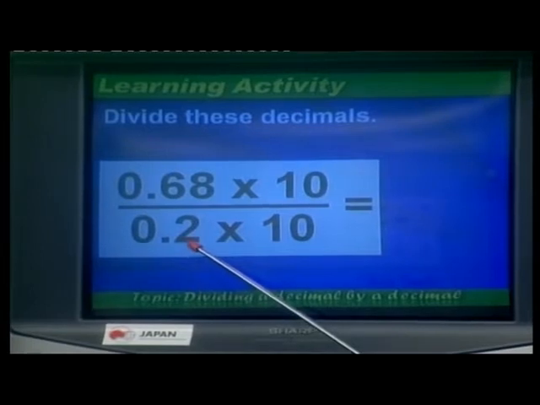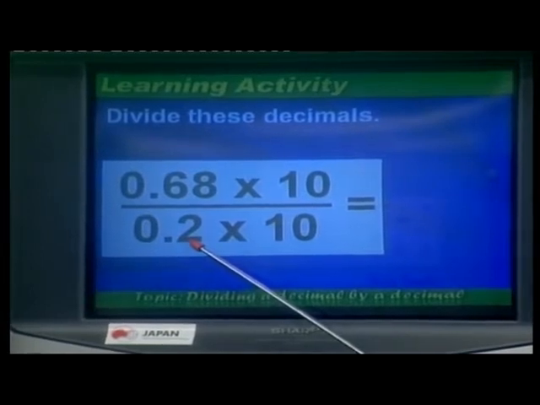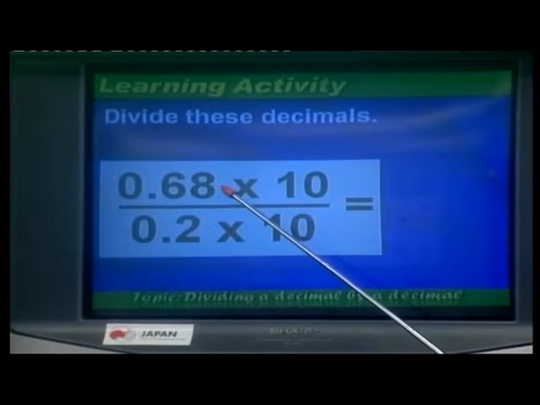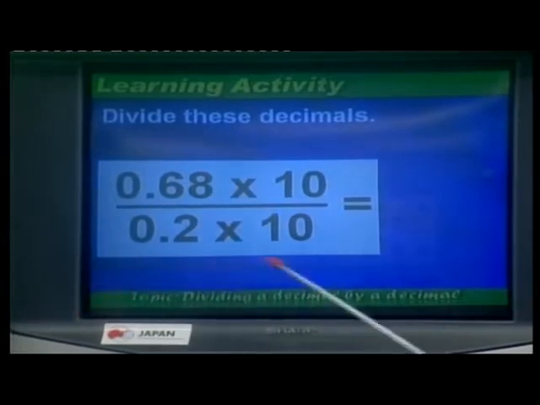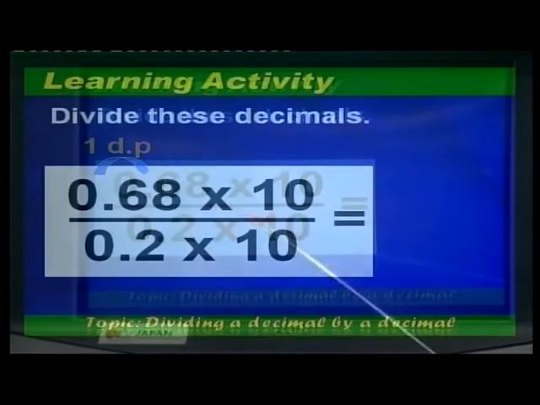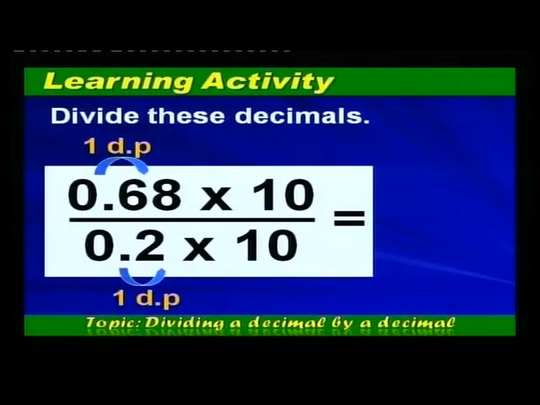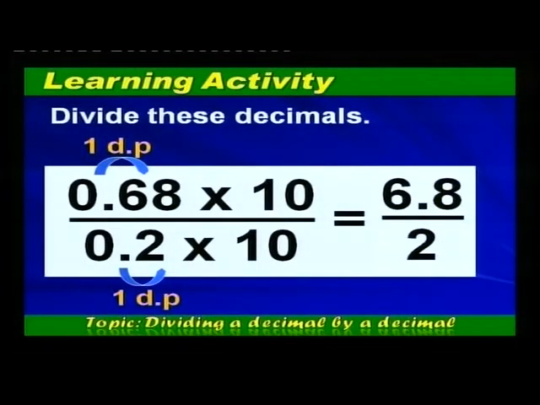Divisor is also like the denominator. Dividend is like the numerator. All right, you can see when you move, your new question is 6.8 divided by 2.